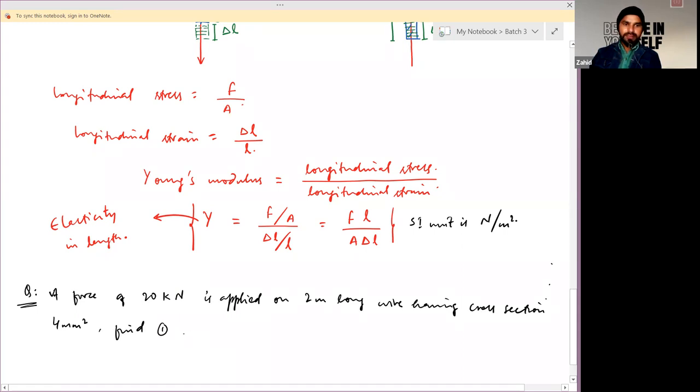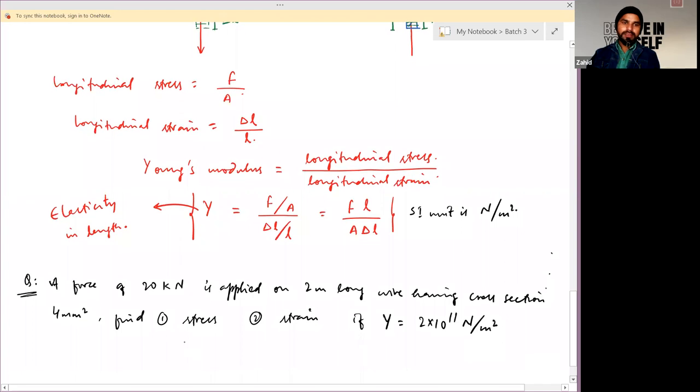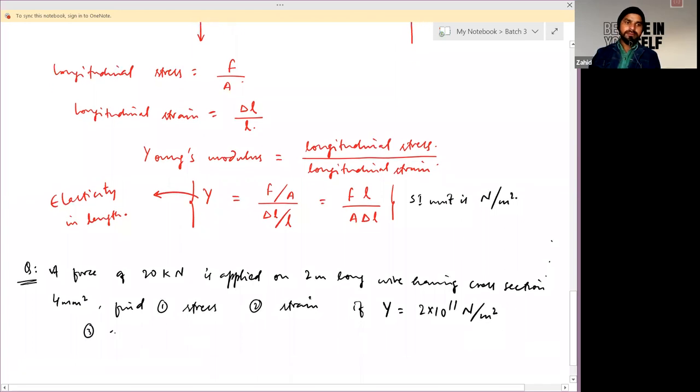Find stress, strain if Young's modulus is 2 into 10 raised to power 11 Newton per meter squared. And third, the elongation produced. Just use the above formula and try to find these terms.